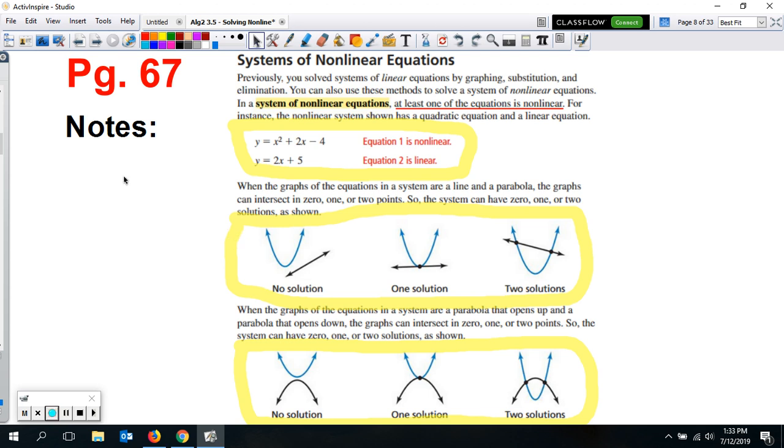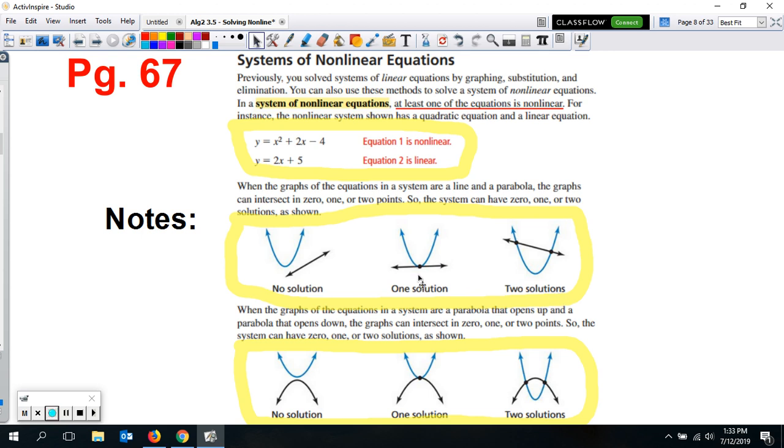So down below in the notes section, go ahead and draw these. There are 3 ways we can see them. Here's a parabola, or a quadratic, with a line. That would be what the system looks like. If this line is missing the parabola entirely, there's no solution. So this would be what the graph would look like. You could have no solution, 1 solution, or 2 solutions for these.